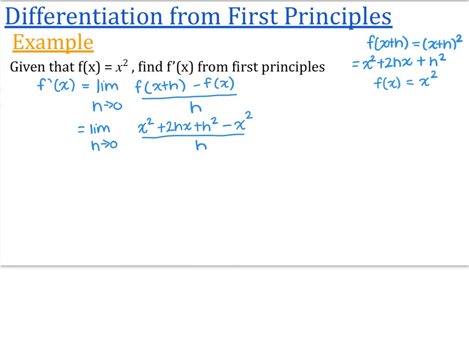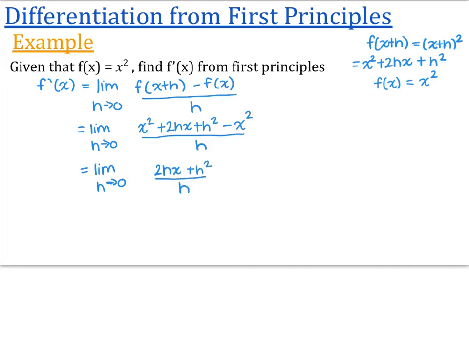So I'm going to go ahead and clean up the top of the fraction. I've got x squared and take away x squared, so those are going to go away. So again, I'm still thinking about the limit as h approaches 0. So I'm thinking what happens as h gets really, really tiny, and I'm left with 2hx plus h squared, all divided by h.